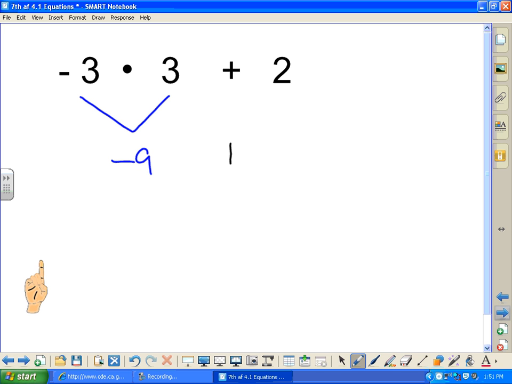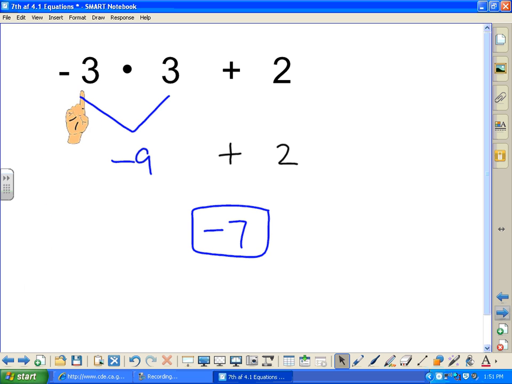And then we're going to add the 2 to it as well. And that gives me a -7. Okay, that's my answer. So -3 times 3 plus the 2 will give me the -7. That's the value of that expression here.